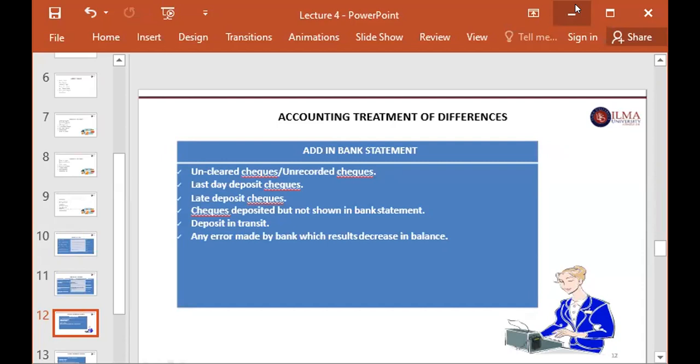They are also called unrecorded checks, last day deposit checks, or late deposit checks: checks deposited but not shown in the bank statement, deposits in transit, and any error made by the bank which results in a decrease in the balance. So these types of differences will be added in the bank statement.